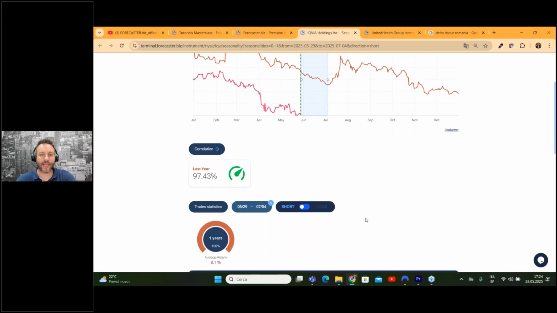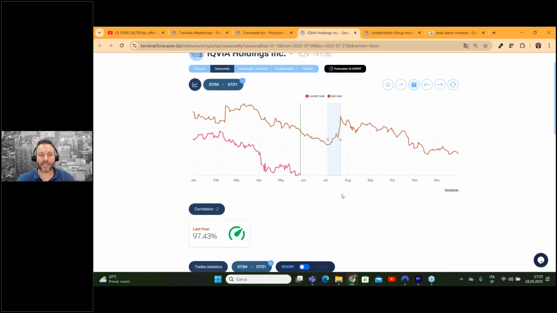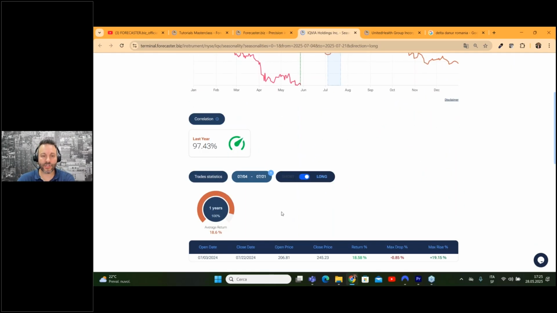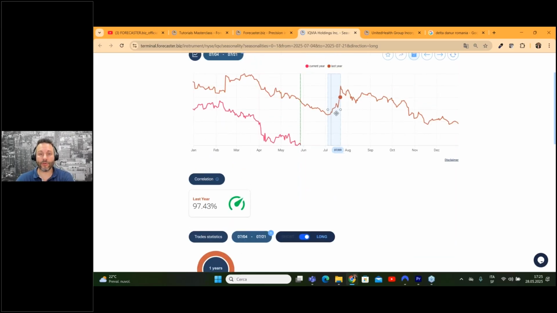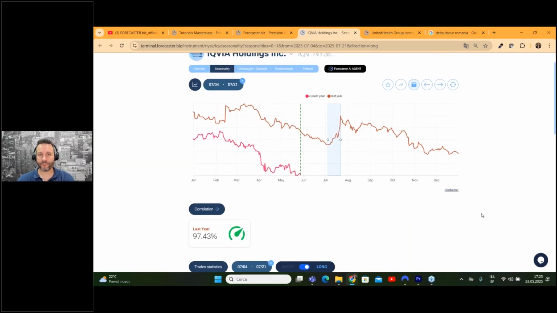A downside potential, okay? So for example, in this case, what I prefer to do is just waiting for another drop and then maybe trying to have this upside potential. As you can see, last year, in this specific period I just highlighted on the chart, this stock gained 18%. Okay, that's it.